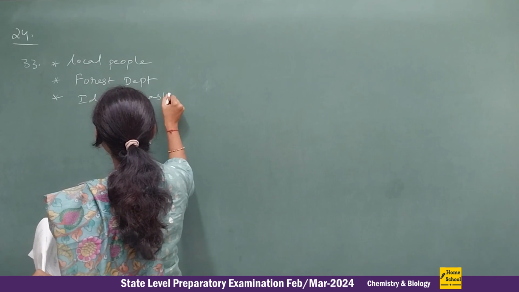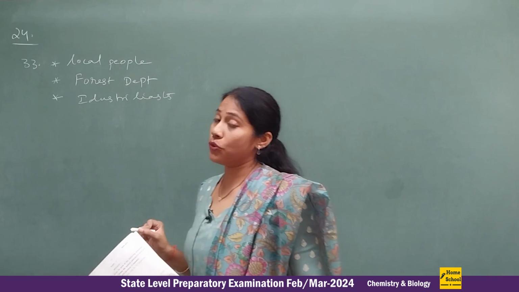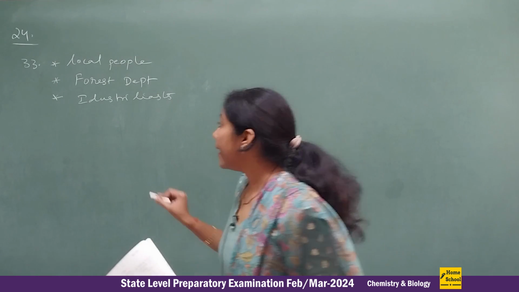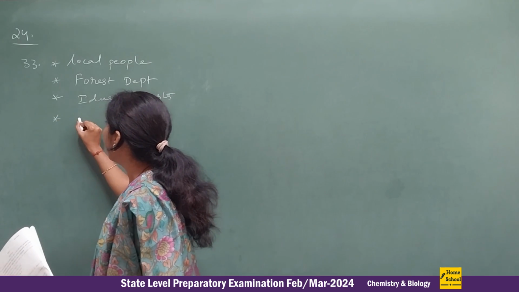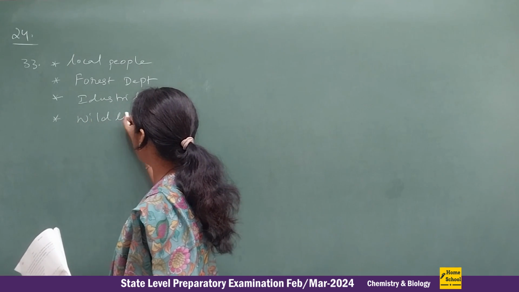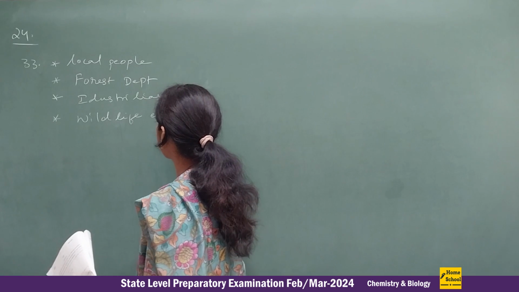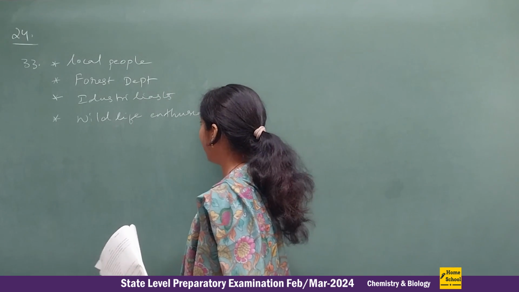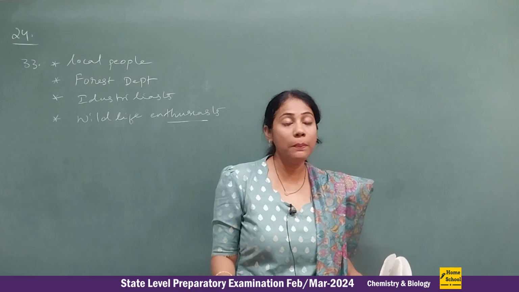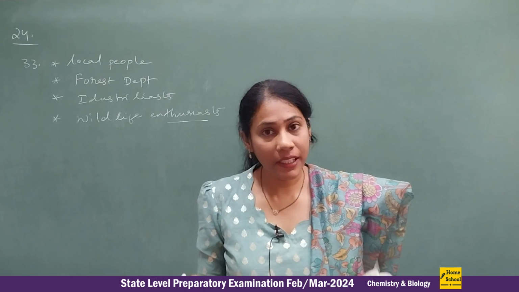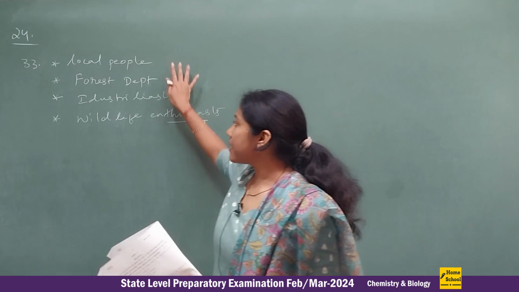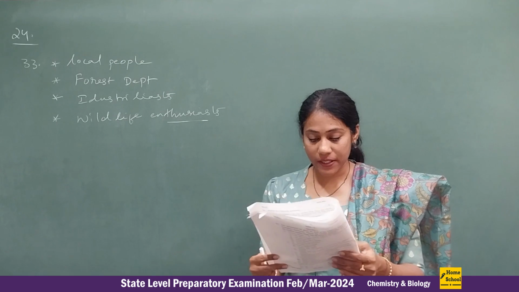For their raw material, they depend on the forest, so it is their duty also to protect and conserve the forest. And lastly, wildlife enthusiasts. Under wildlife enthusiasts, you, me, everybody else will come. It is everybody's right to protect and safeguard the forest. So these are the 4 stakeholders of the forest.